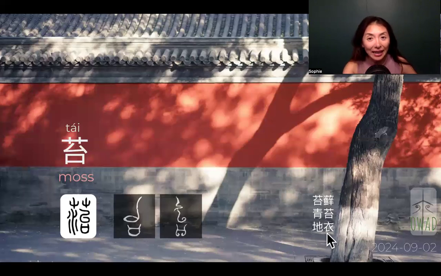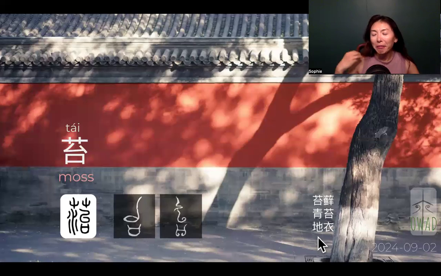And 地衣 is another way in Chinese to say moss. The Chinese compare moss to a kind of wetsuit, a tight-fitting suit of the earth, because of how moss fits tightly onto the surface of the earth, right?